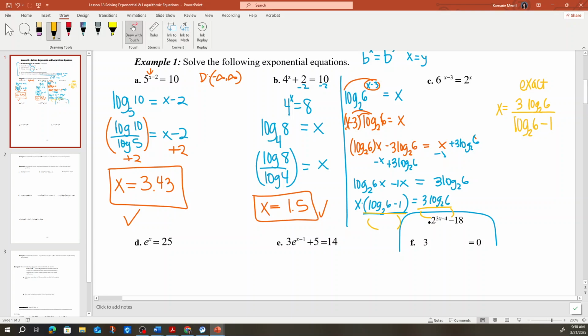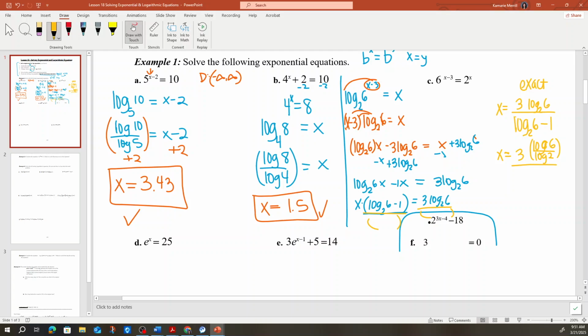Then we have to be capable of putting it into our calculator as the rounded answer. How does that go into your calculator? A log of what over log of what? 3 times log of 6 over log of 2 needs to go into your calculator, and then I press equals.